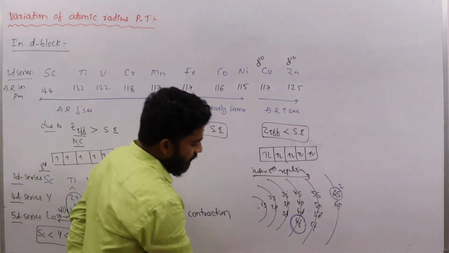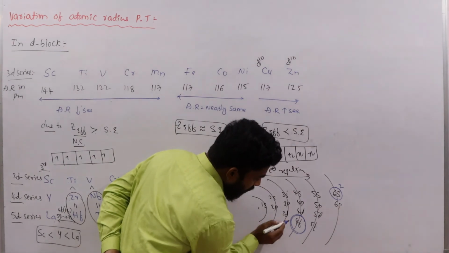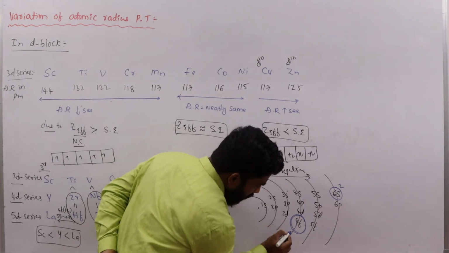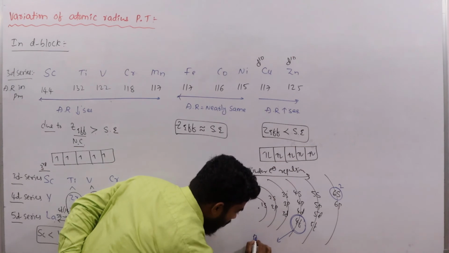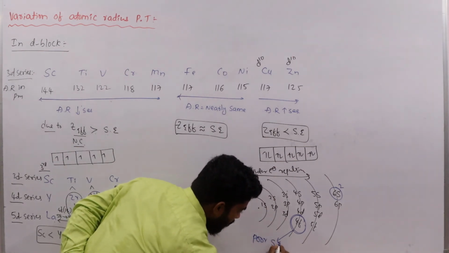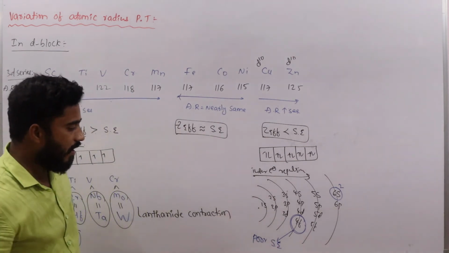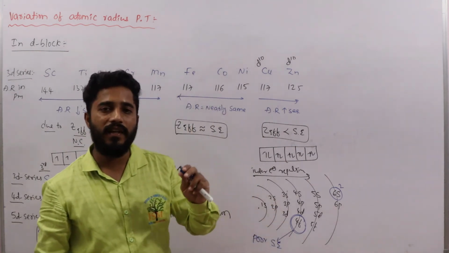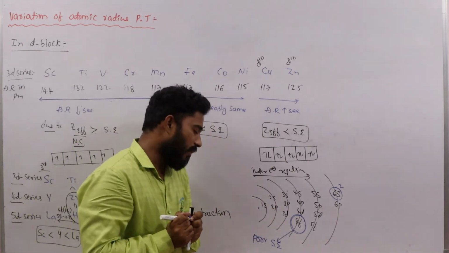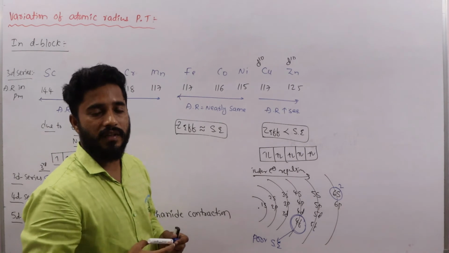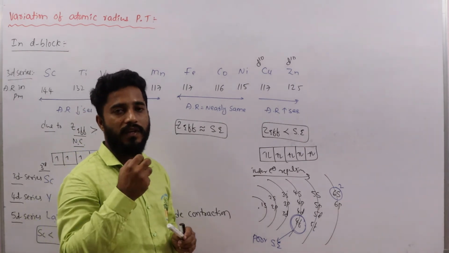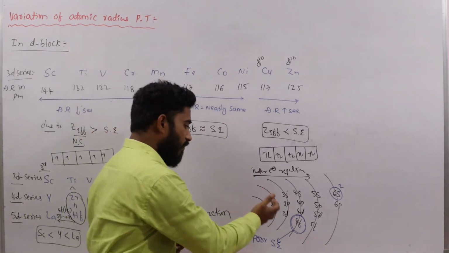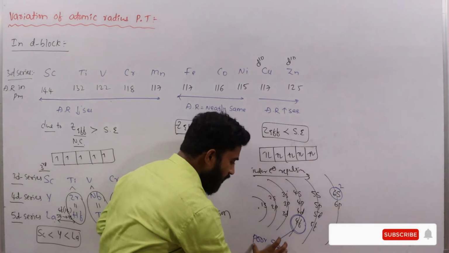When electrons enter the 4f orbital, this f orbital shows a poor screening effect. The screening effect of the f orbital is very less. Due to its diffused structure, this f orbital shows poor shielding effect.